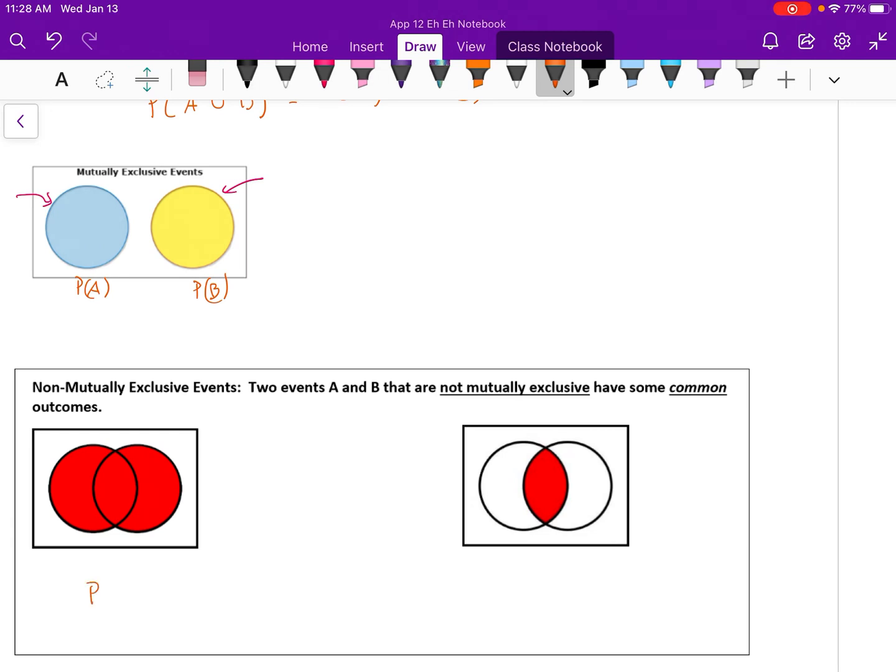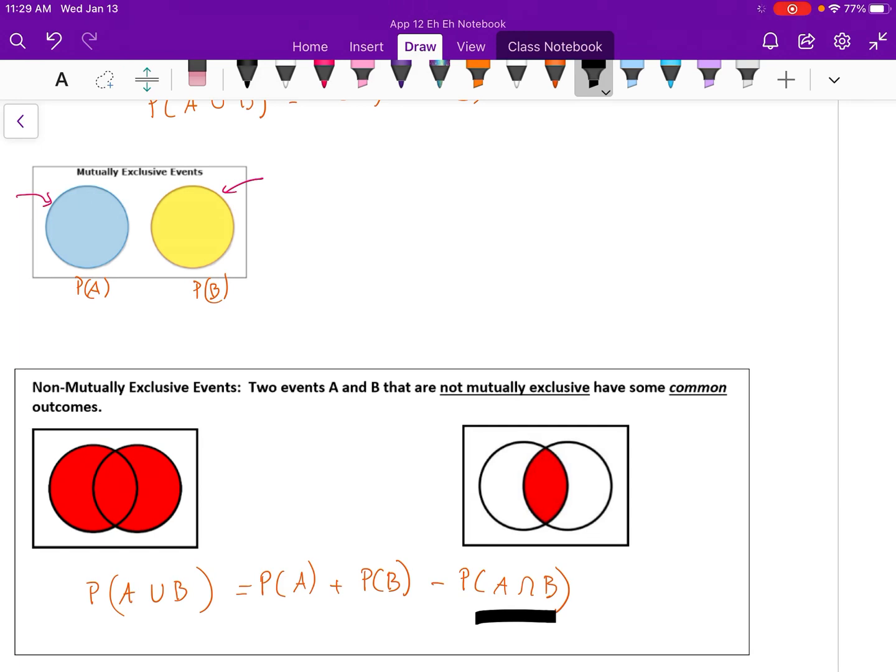So we can say the probability of A or B occurring is the probability of A occurring plus the probability of B occurring minus the probability of A and B occurring.